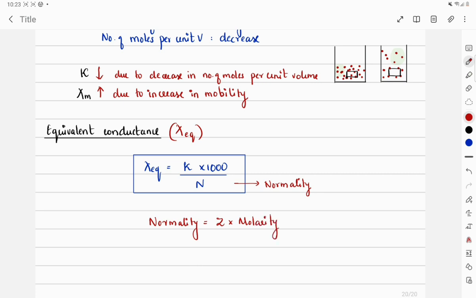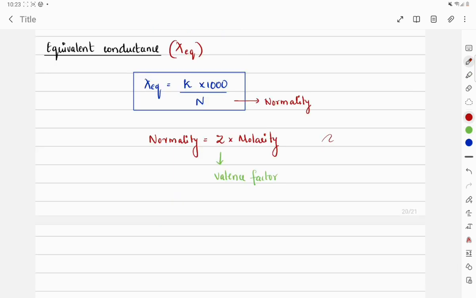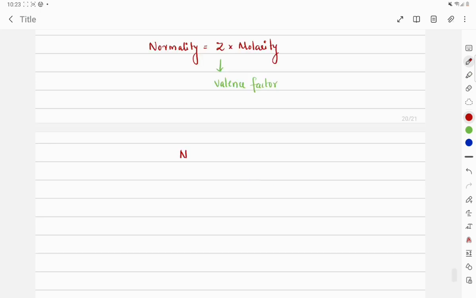This Z is called the valence factor. Normality is represented as N, molarity is represented as M. So one can write N is equal to ZM, which is valence factor times M.